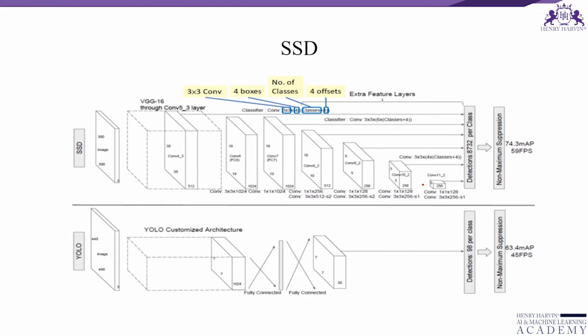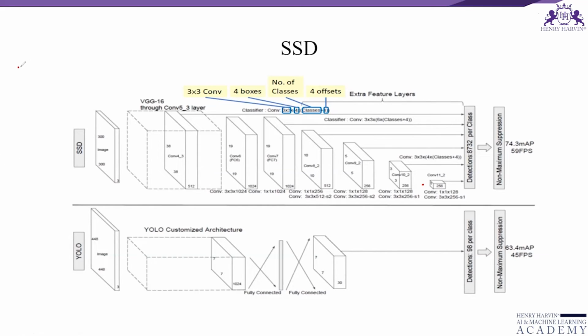Then a 3 cross 3 convolution is applied so that there are 4 bounding boxes, and each bounding box will have classes plus 4 outputs. So the output will be 38 into 38 into 4 into (21 plus 4), which is equal to 144,400.